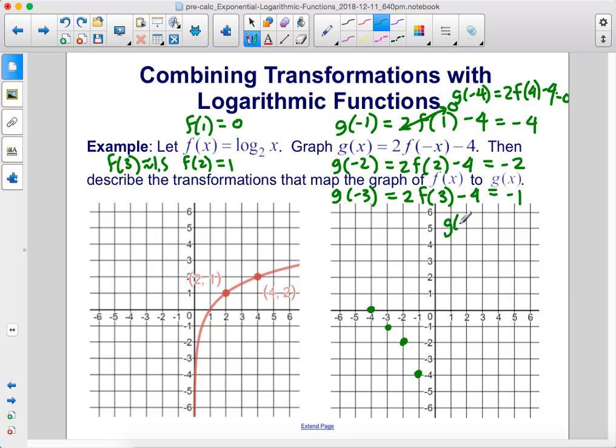So g of negative 6 equals 2 times f of 6 minus 4. So what is f of 6? It's about 2.5. 2.5 times 2 is 5, minus 4 is 1. All right, so that's like right over there. Okay, so we have a graph that is looking something like this right there.